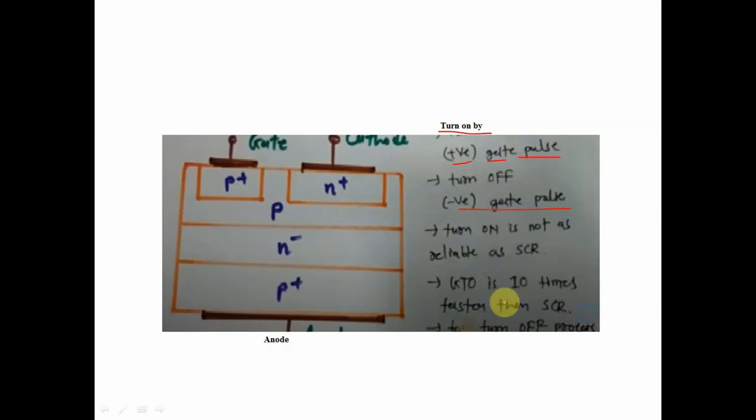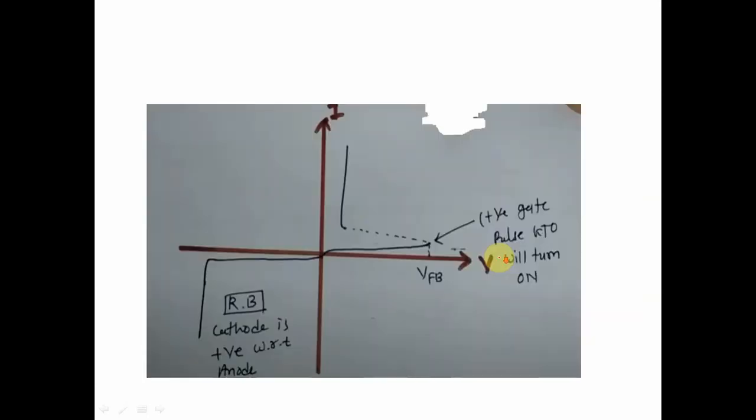GTO is 10 times faster than SCR. This is an important point. These are some points in the structure of GTO.